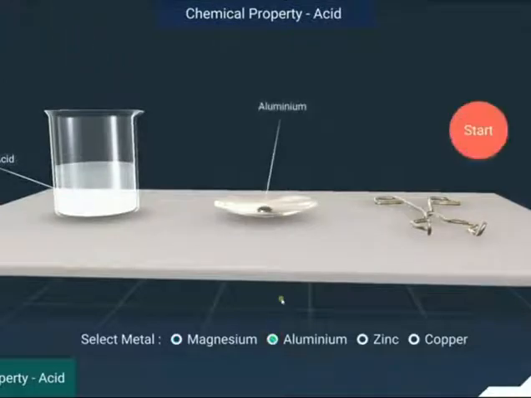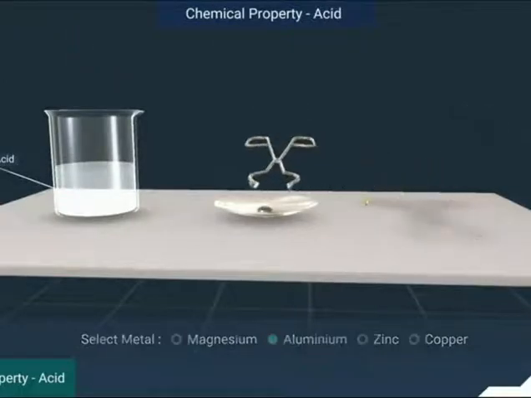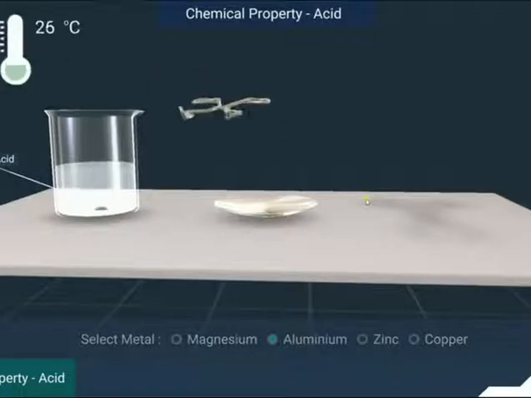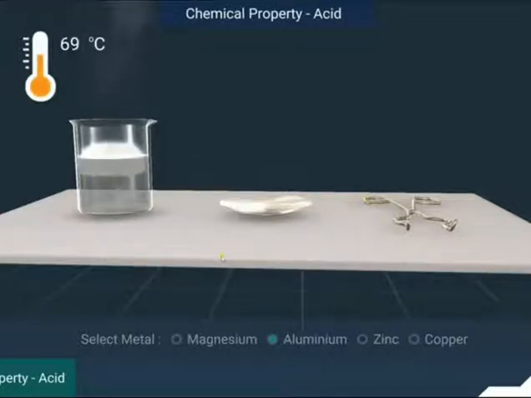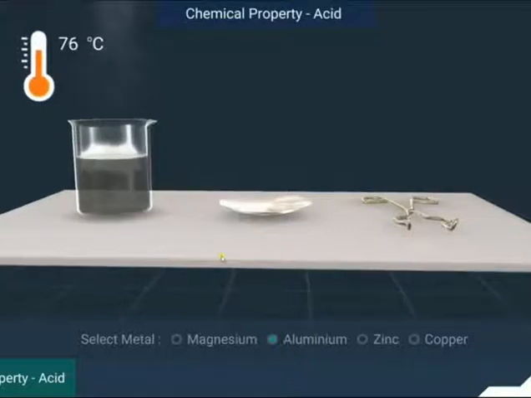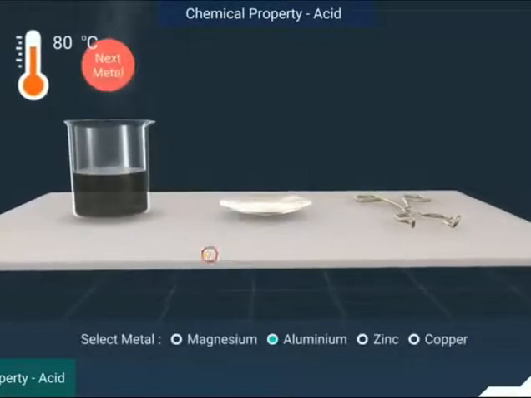Now try with the aluminium. Put a piece of aluminium in the dilute hydrochloric acid. Now also we can observe the formation of bubbles. Let us take the next one, that is zinc.